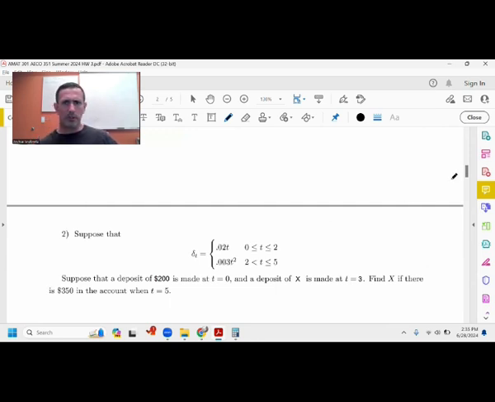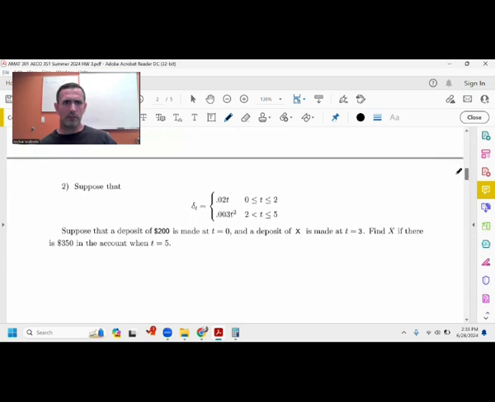Yeah, number 2. Here's my force of interest. Positive 200 is made at t equals 0. x is made at t equals 3. 350 is in the account at t equals 5. So you can do this one of two ways. I guess I'll do this both ways.